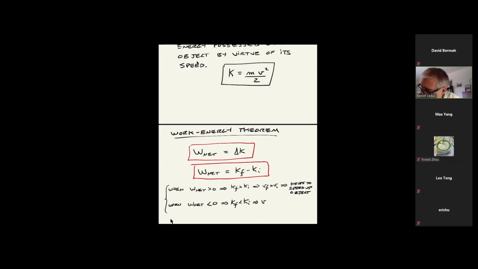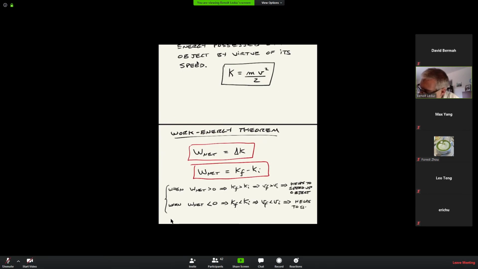Therefore, the final speed is less than the initial speed. Therefore, it helps to slow down an object.